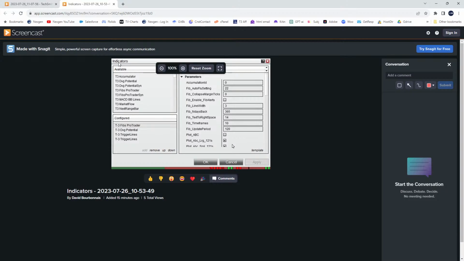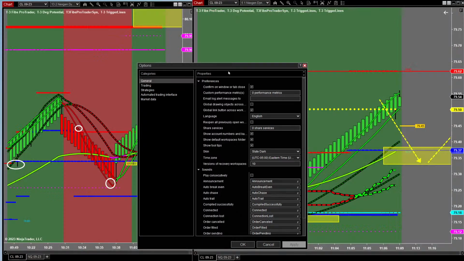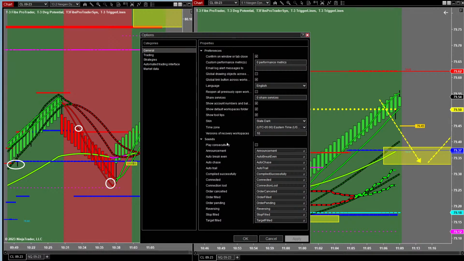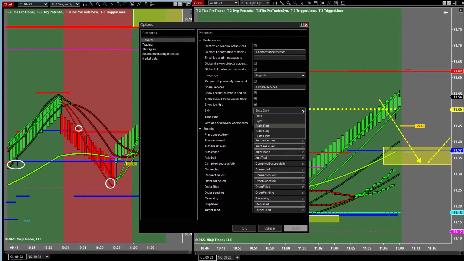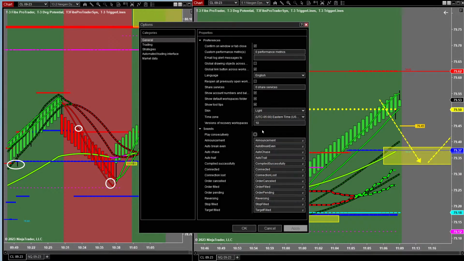This is because in your main settings, you're not using slate dark. Hang on a second. I've got to figure out where this is. Go to tools and options, David. Tools and options, and you've got the light color, I think. Oh, I don't want to do that.